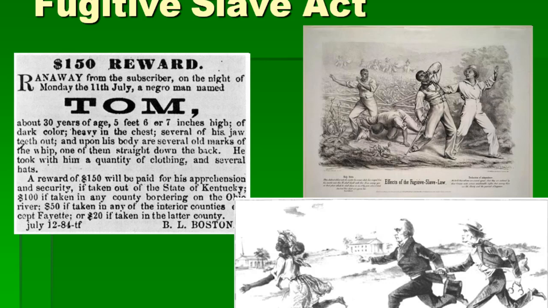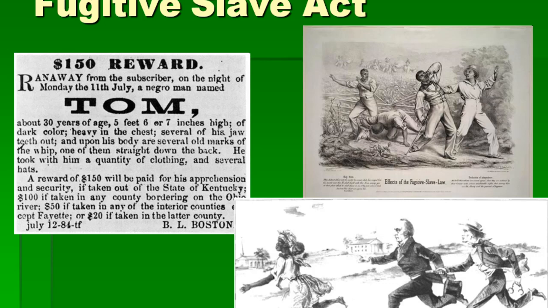Here's an example. There's also some illustrations here. But here's an example of an advertisement, and I'll give you a chance to read it. You can see that the ad describes the slave that has run away.